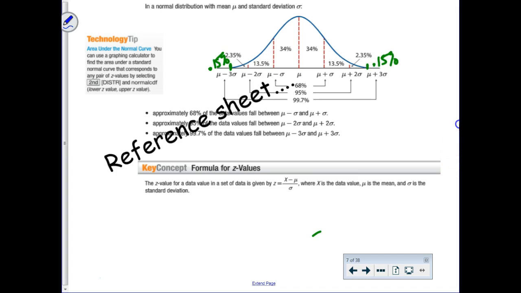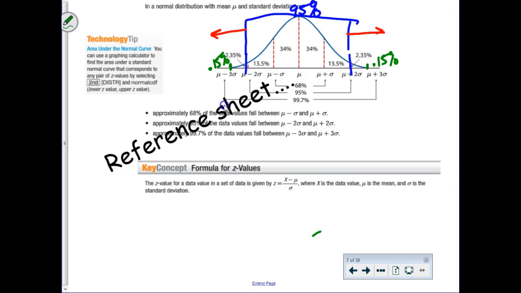The reason for that is because if you go 2 deviations out, this mark to this mark, on your reference sheet, this is 95% of the data, right? From here to here. So existing outside of your tails would be another 5% of the data. Well, what happens when you take that 5% and you cut it in half? You get 2.5%.